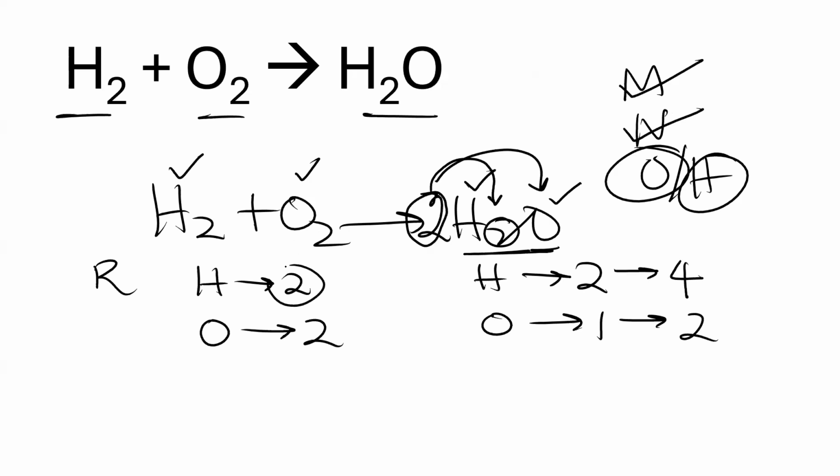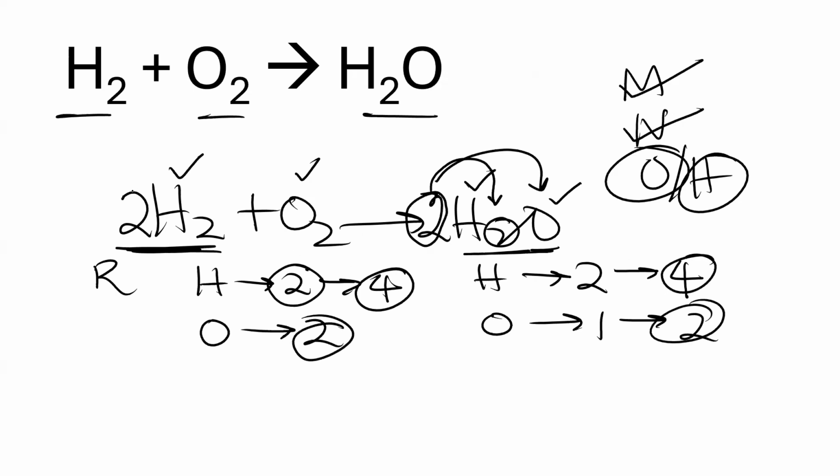Therefore, we need to adjust our hydrogen on the reactant side by multiplying it by 2 so that we get 4 atoms of hydrogen on the reactant. So that balances the hydrogens and the oxygen on the molecule. Therefore, our balanced chemical equation is 2 hydrogen plus 1 oxygen to form 2 water molecules.